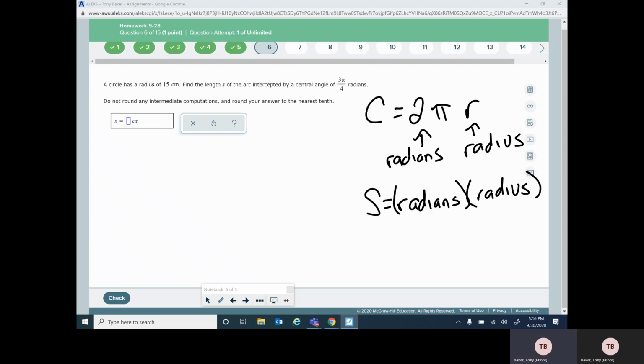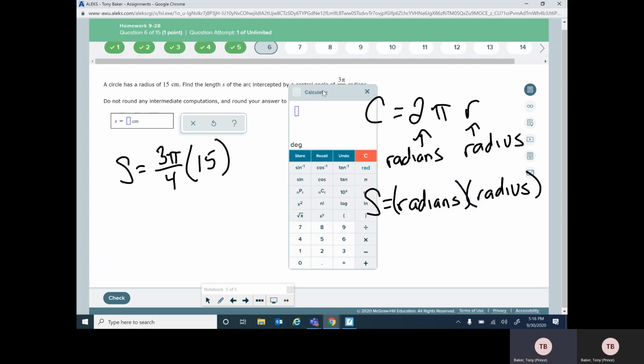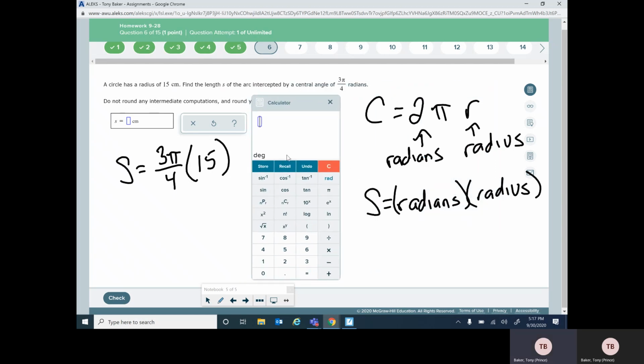So for this problem, I've got a circle with a radius of 15 and a central angle of 3 pi over 4 radians. So I'm going to do S equals 3 pi over 4 times 15. When I do that, I do 3 pi divided by 4 times 15.